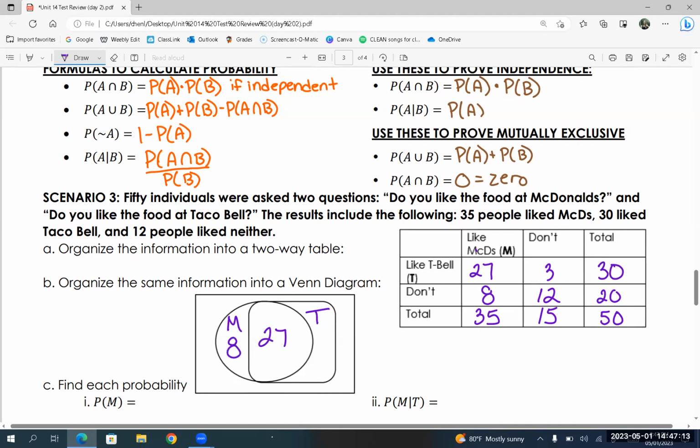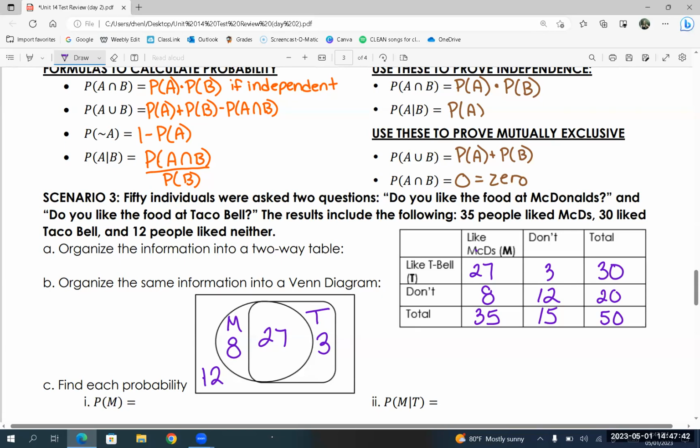So there's an 8 out here. Of the 30 people who liked Taco Bell, 27 of them like McDonald's as well. So there are 3 people who only like Taco Bell. That leaves the 12 people who don't like either of them, so they don't like McDonald's or Taco Bell.